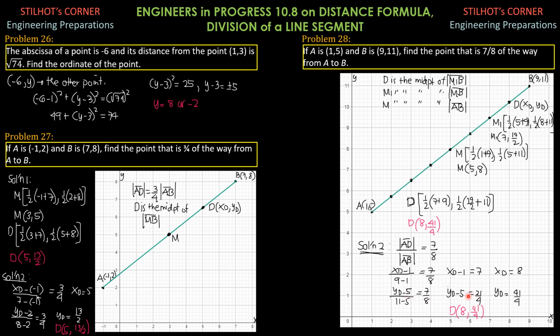So YD minus 5 is equal to 21 over 4. Then finally, 21 over 4 plus 5 is 21 plus 4 times 5, 20, so 41 over 4. So YD is 41 over 4. So point D is indeed at (8, 41/4). So that's it for this video.